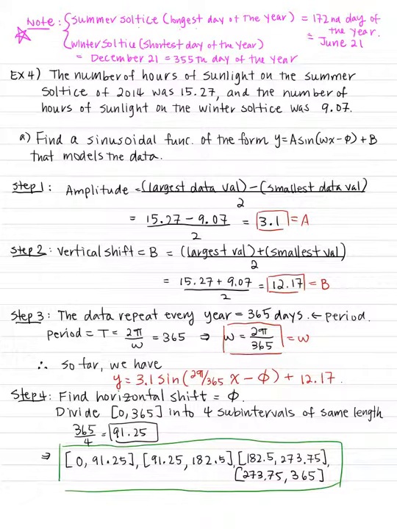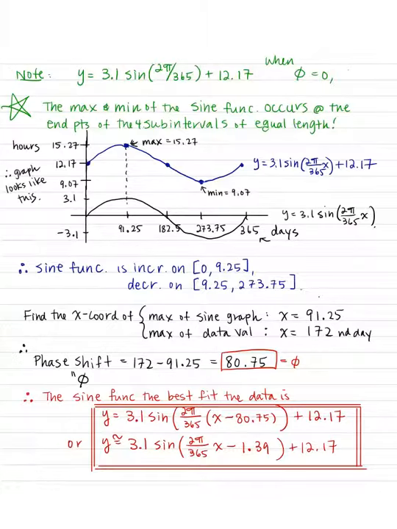I pretty much did the same thing as example 3 that we just went over, and all the details are listed here. If you're interested, please go over this example on your own, and if you have any questions, please let me know.